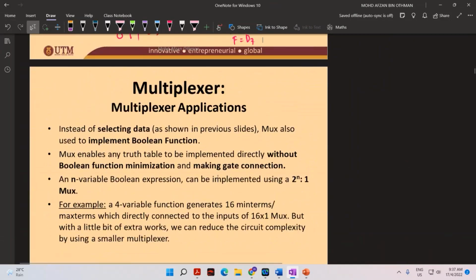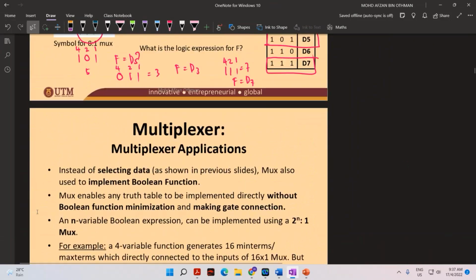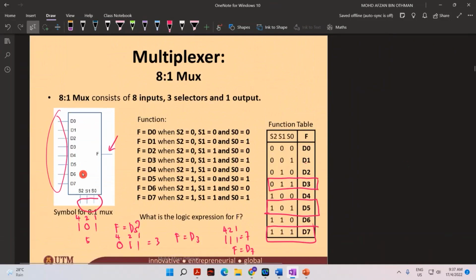Okay, so that is the multiplexer. Kita dah tengok tadi ada 2:1 mux, 4:1 mux, 8:1 mux. Okay, sometimes we have the 16:1 mux. Okay, jangan terkejut kalau ada 16:1 mux. Okay, we have that one. The things quite sama jugalah.